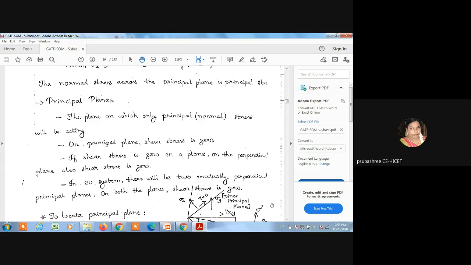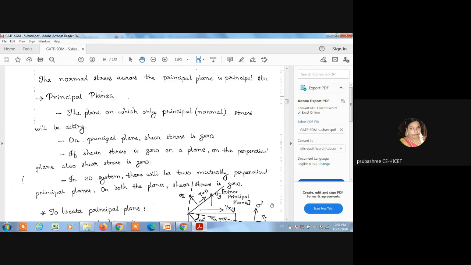What do you mean by principal plane? The plane on which only principal stress acts. Listen here, on the principal plane, shear stress is 0. Keep this in mind.